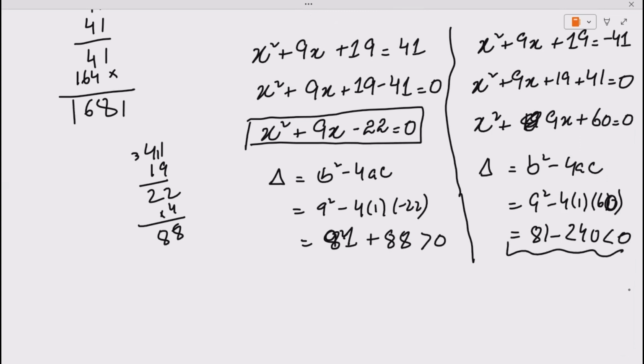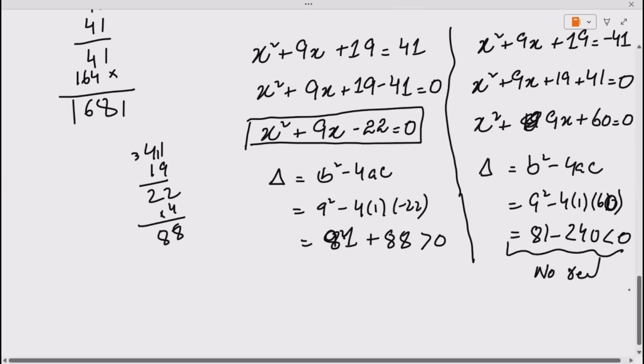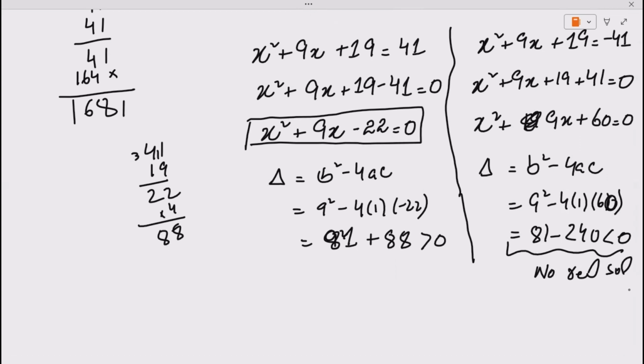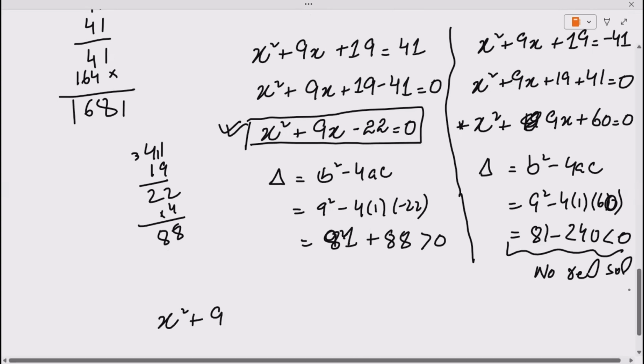So this has no real solution, right? So we cannot solve this equation; its solution is a complex number with an imaginary part. So it means we have to solve just this equation, which is x squared plus 9x minus 22 equals 0.